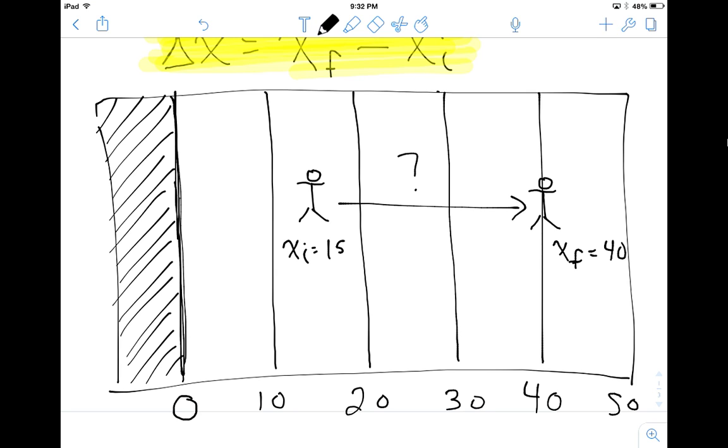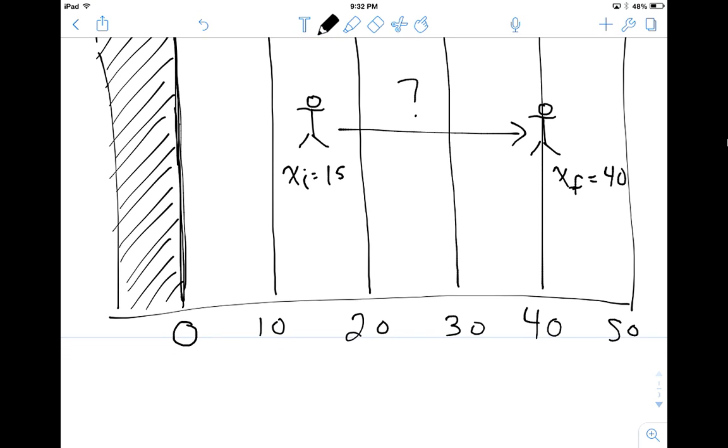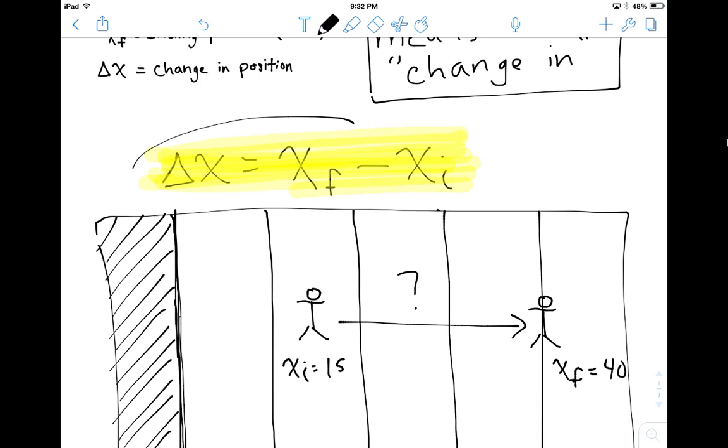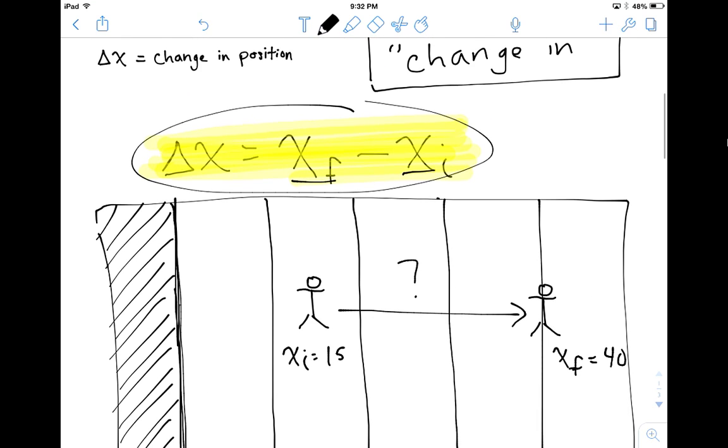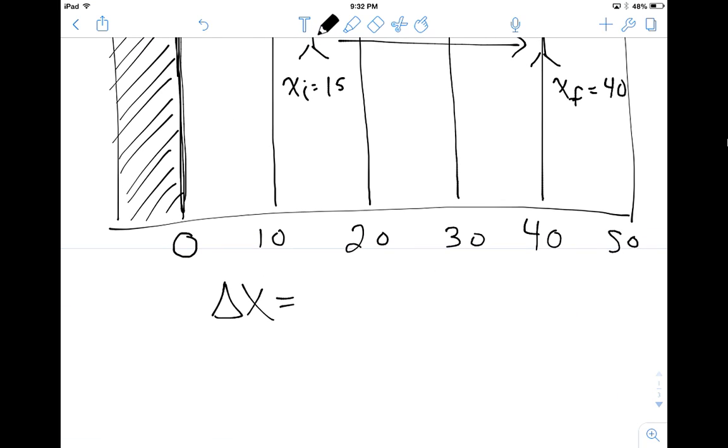What's his delta x? So if I go down here and make an equation, and I want to know delta x, change in position, I'm going to look up here and say, oh, okay, delta x is xf minus xi. Well, xf, I know it's 40, so I'm going to put that in place of xf.